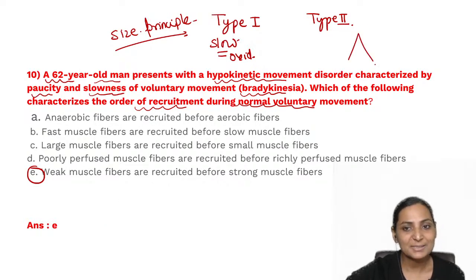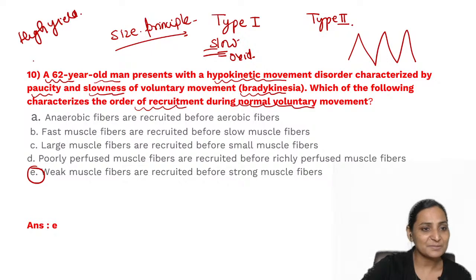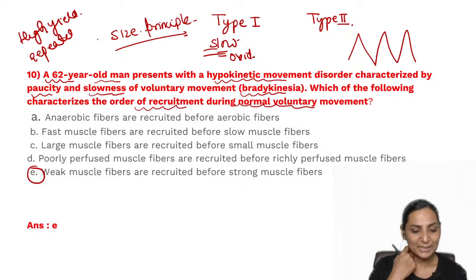Fast twitch means the action potential is fast and the muscle contraction and relaxation is fast, whereas type 1 has a slow twitch. Please, again I repeat, this is a very high yielding topic which comes repeatedly. So please study nicely the difference between type 1 and type 2 muscle fibers.